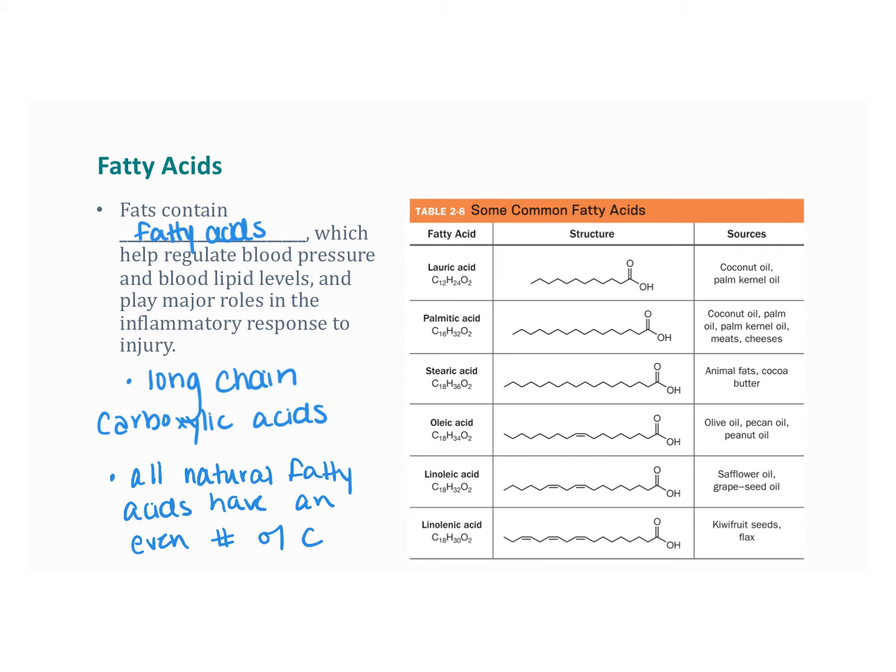And then most fatty acids, I'm going to abbreviate fatty acids as FA, most fatty acids have between 12 and 18 carbons. Okay. Although they can have as few as 4 and as many as 22, this is what we commonly see in nature.